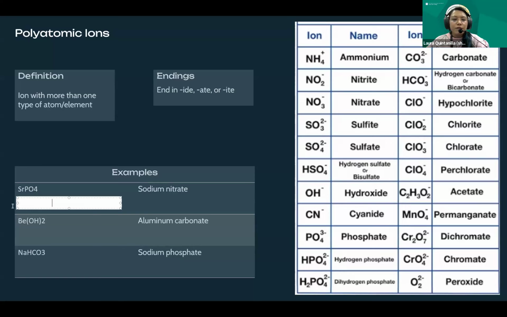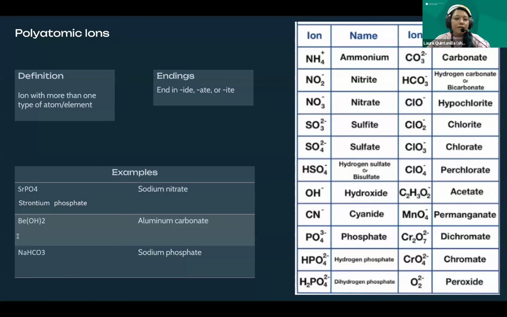PO4 is a phosphate. That's just what the name is. You just look up what it is. And probably your professor has maybe 4 or 5 that you need to memorize. The rest should be provided for you or they're not going to ask about them. So I would check with your professor to see what you need to be memorizing.